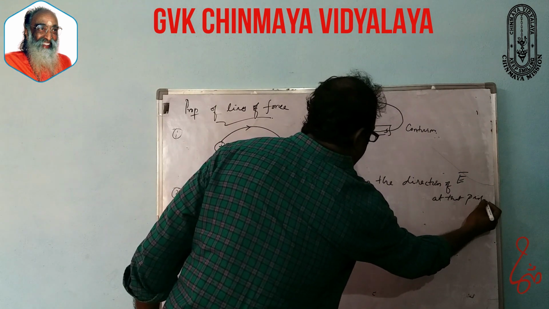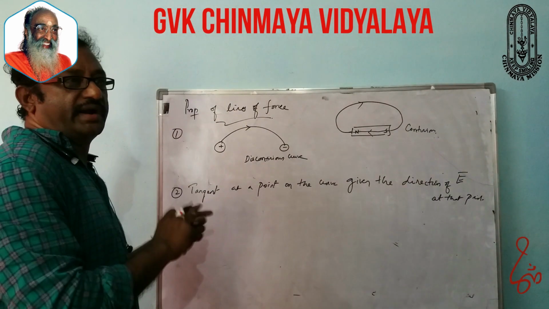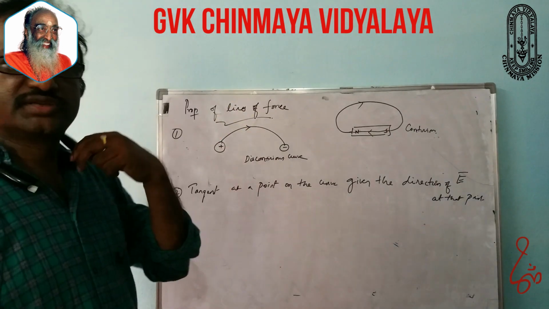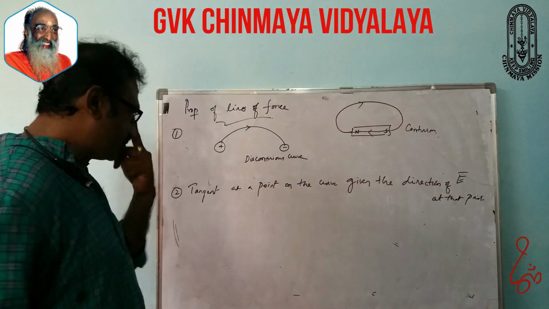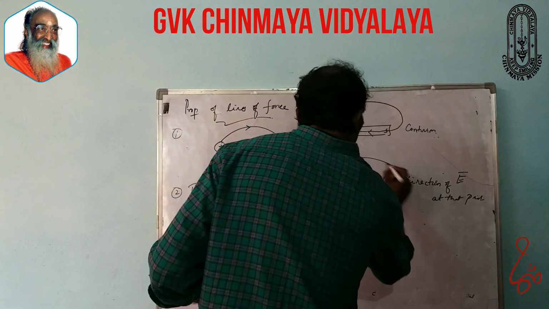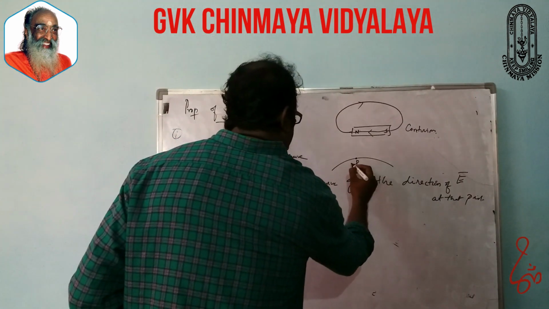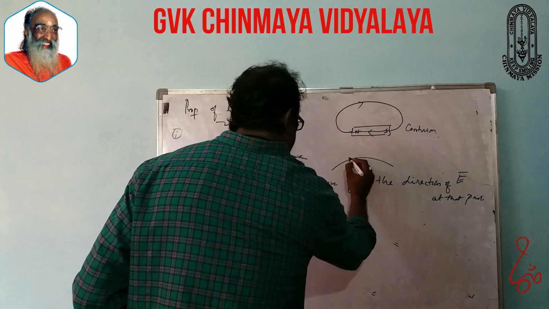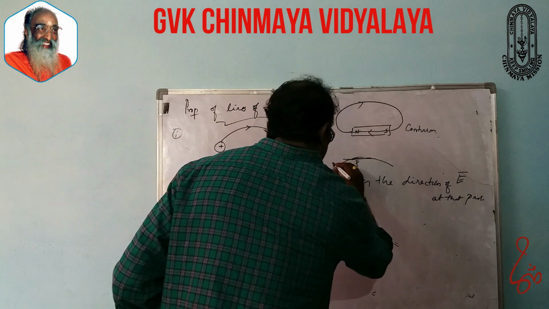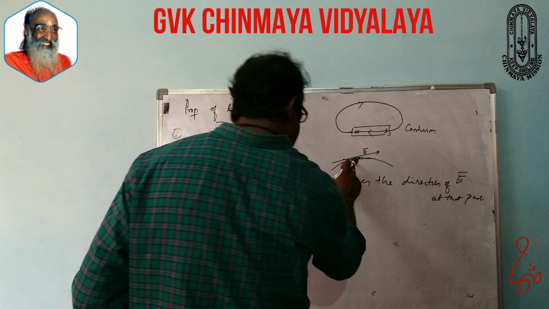Don't simply say the direction of E and stop there. At each and every point on a curve, the direction will change. So if this is the curve and you want to find the direction at point P, draw a tangent there, and this is the direction of electric field intensity at this point.